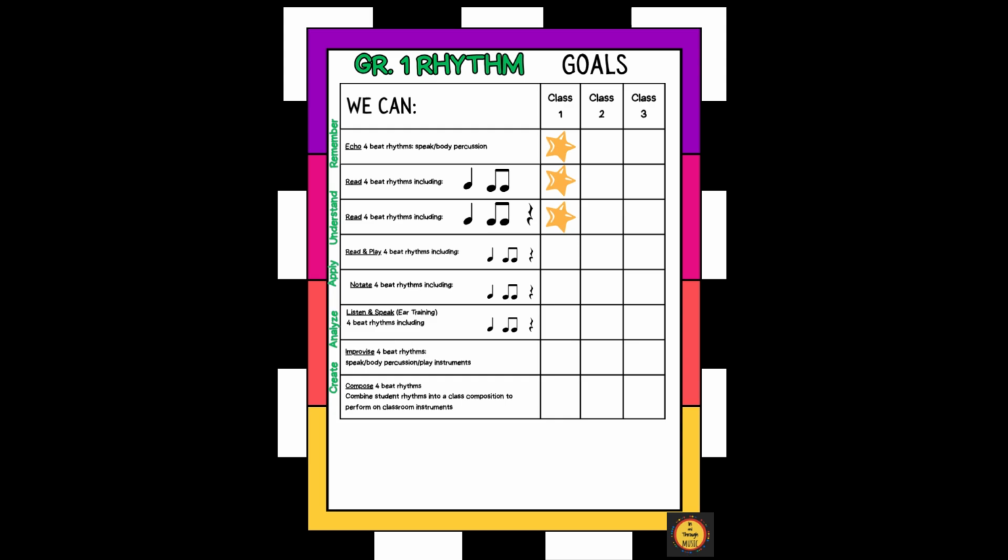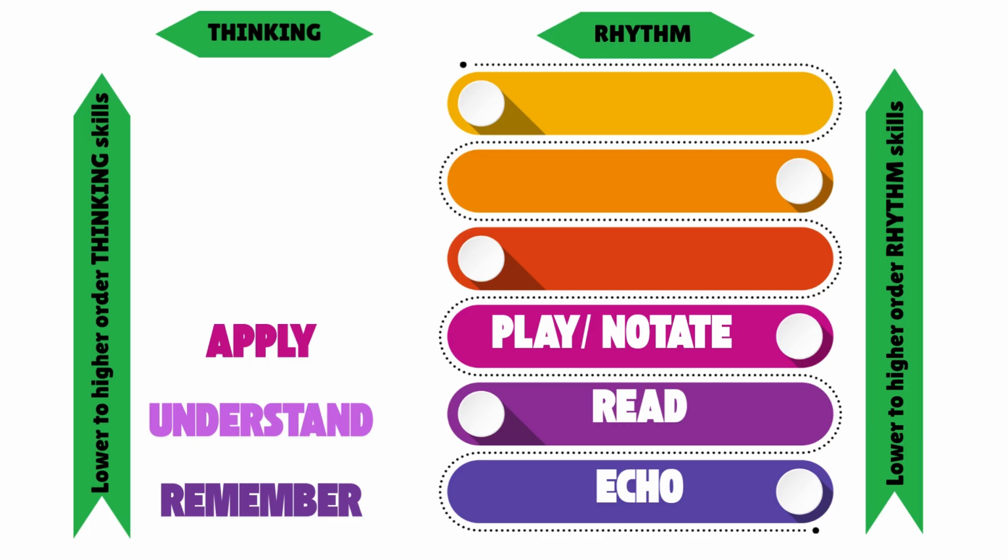I project first grade rhythms up on the board. I turn on a musical loop, and students are practicing speaking the rhythm, speaking and clapping, just clapping over the musical loop. And once they can show me that they are able to do that independently, we move on to the next level, which is application.